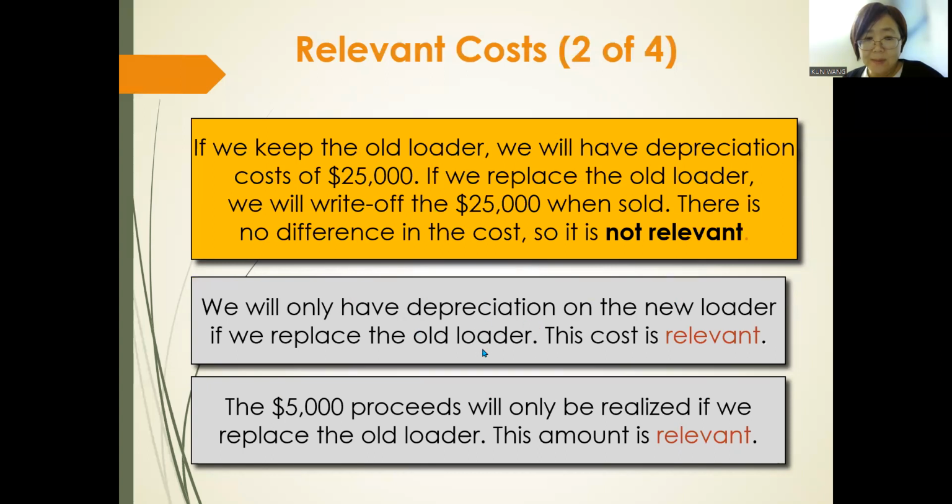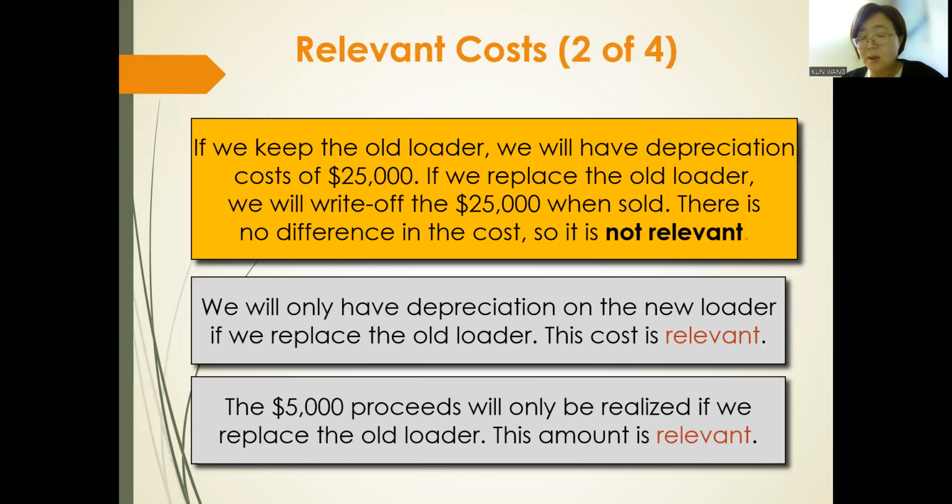And then, if you replace it, you can see the depreciation, the cost. We'll only have depreciation on the new loader if we replace the old loader, which means the purchasing cost, the 15,000.